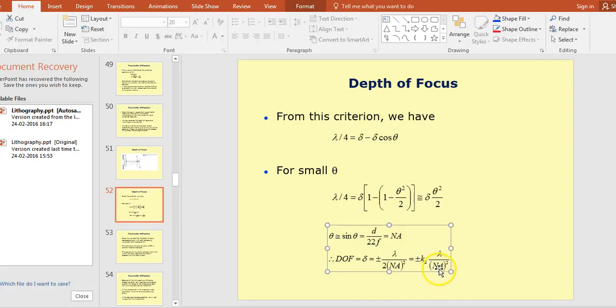So we can see the bigger lenses, because depth of focus is inversely proportional to the square of the numerical aperture of the lens. So bigger lenses will give you smaller depth of focus. So we have to make a trade-off. We have to optimize the depth of focus, because we cannot increase the lenses just to get the better resolution, because in that case our depth of focus will decrease significantly, and that is not required.